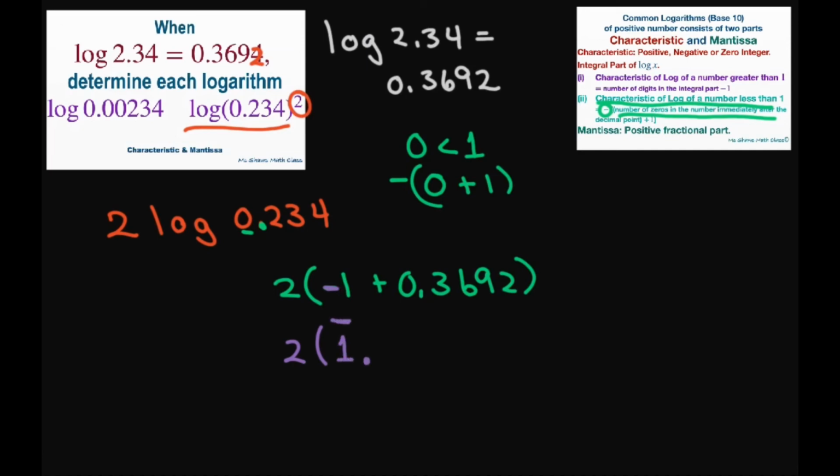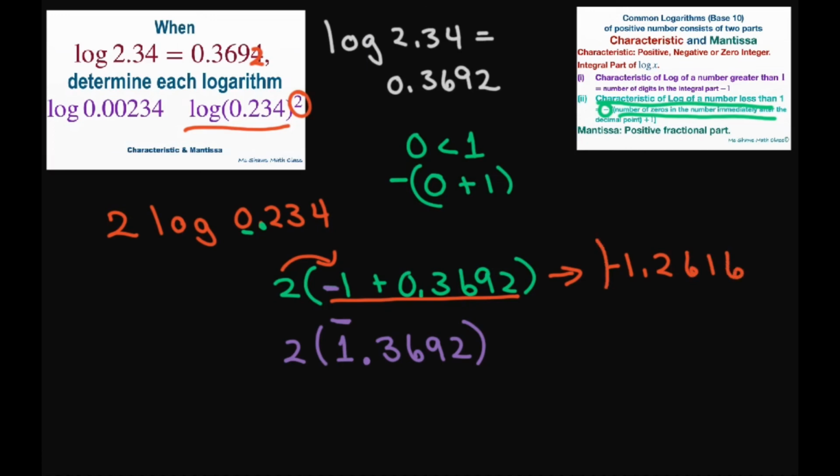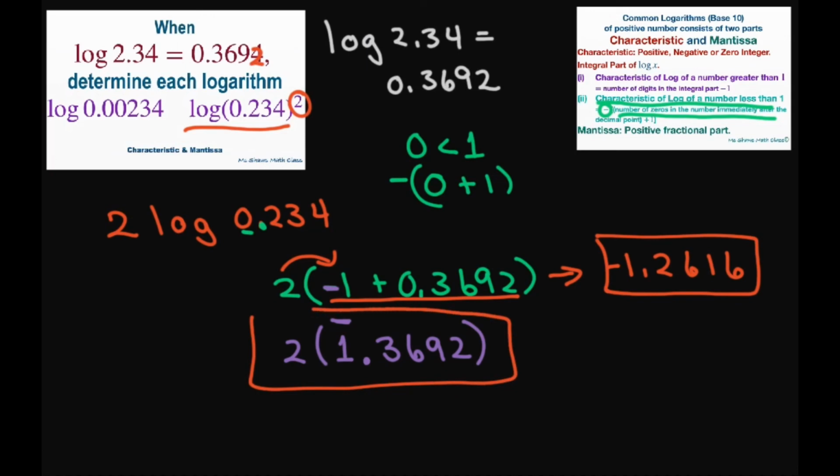And then you can put your decimal point 3692. Or you could go ahead and expand this one. If you calculate this and multiply by 2, you're going to get negative 1.2616. So I don't know how you want to finalize your answer, but these are good answers here.